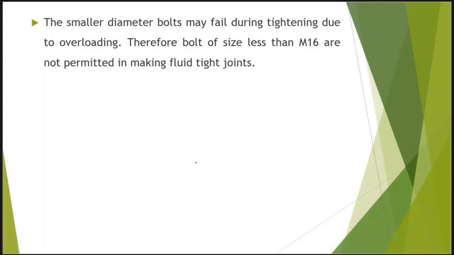But there is a problem while we are using bolts for fluid tight joints. If we are making fluid tight joints, the bolt size should be greater than M16. We have studied the designation of screw threads.